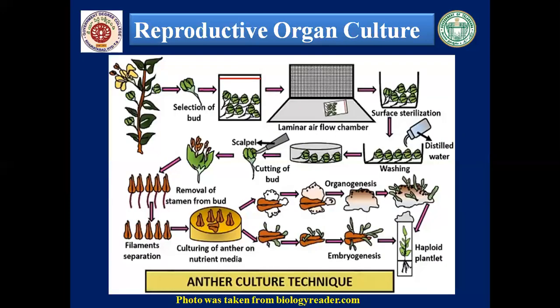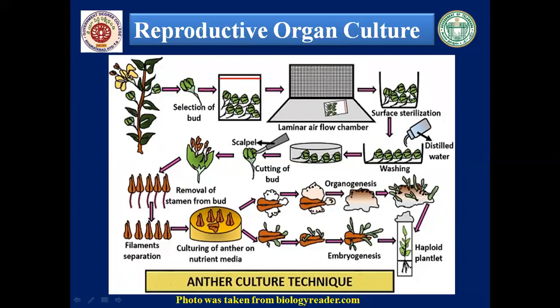So this is the protocol, and this is the picture which shows the different stages of the anther culture technique. This photo was taken from biologyreader.com. Here we have the plant we have selected. We have to select the unopened flower bud, and in the laminar airflow chamber, in aseptic conditions, we have to surface sterilize the flower buds and wash them properly.